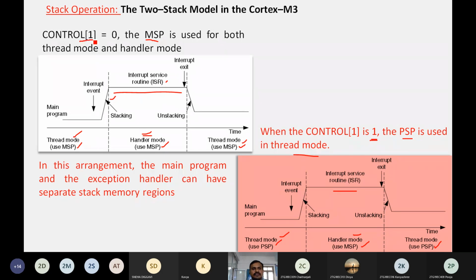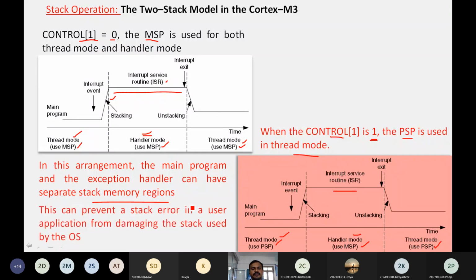Control register bit number 1, that is the MSP bit of the control register, which is set as 0, or we say it is a reset value. If we set the MSP bit of control register, then for these modes, thread mode and handler mode, we are going to use separate stack pointers, or separate stack memory regions. So this is the stack operation under two stack model in the Cortex M3.